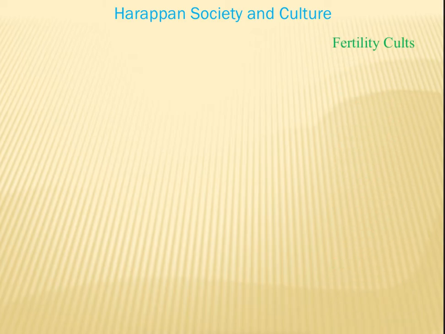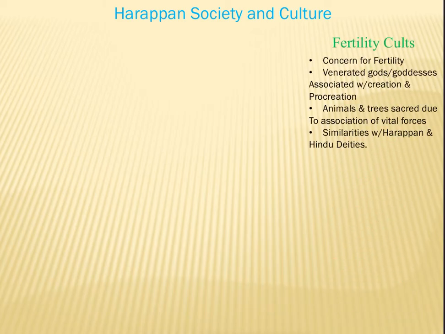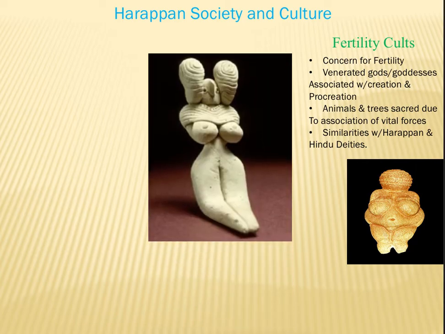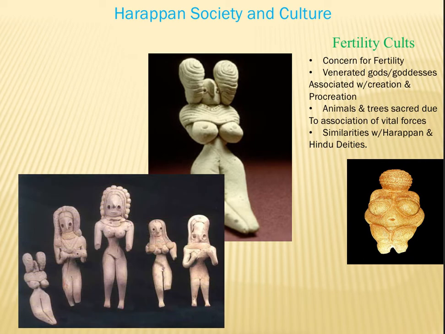The next thing we're going to look at is the fertility cults. So you want to think of it as something that was still similar to the Neolithic, Paleolithic age, where these civilizations are still believing in fertility and they still recognize the importance of fertility. A lot of it was seen through the various artifacts that you see here, where you're venerating women, showing honor to them.